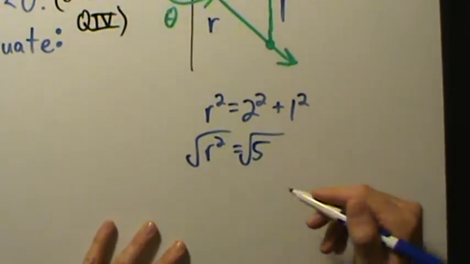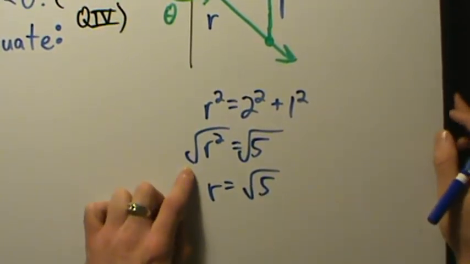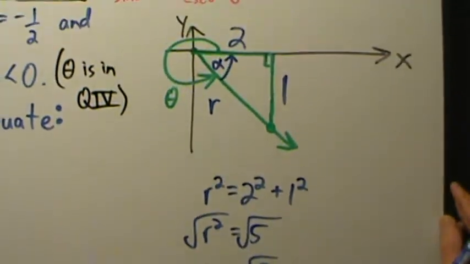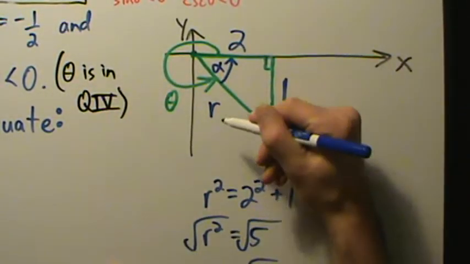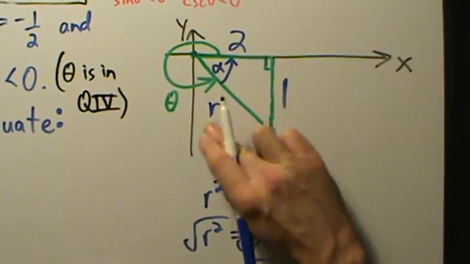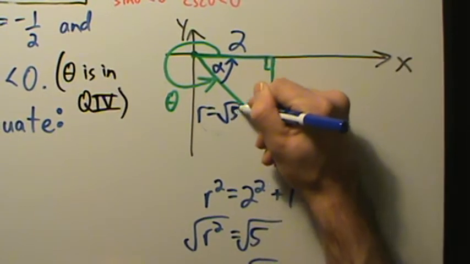Square root of both sides: when you take a square root, there's a positive and a negative root, but let's just take the positive root because we're talking about the length of a side of a triangle. So r equals the square root of 5.